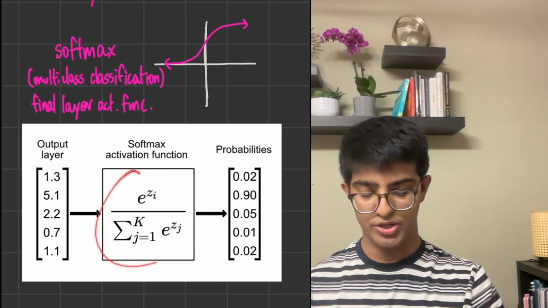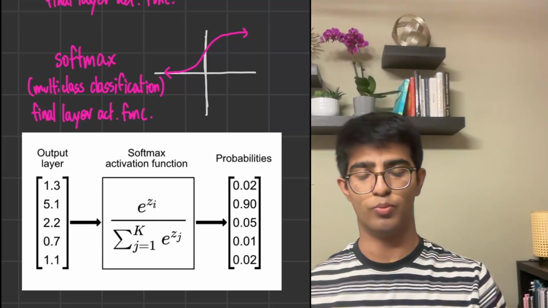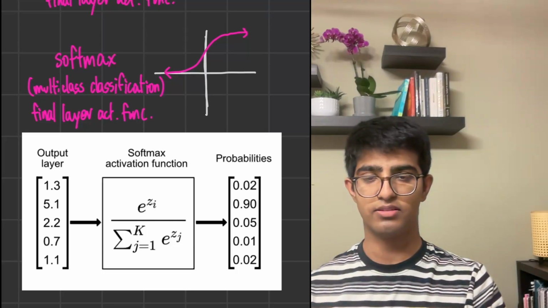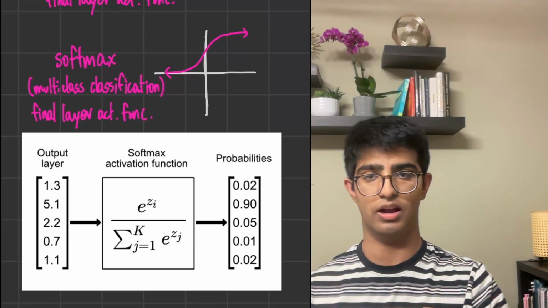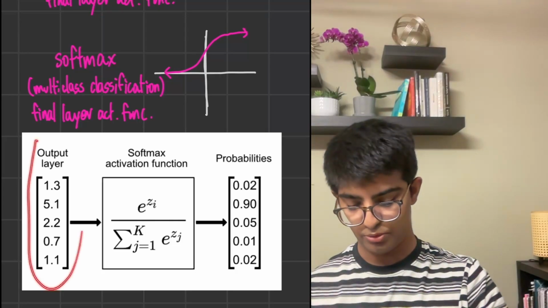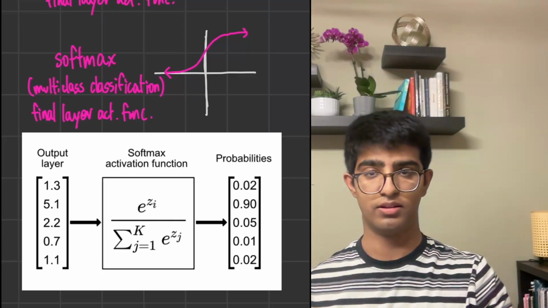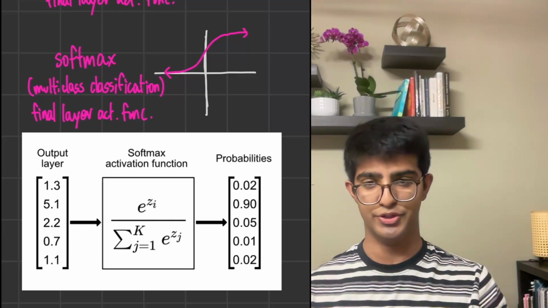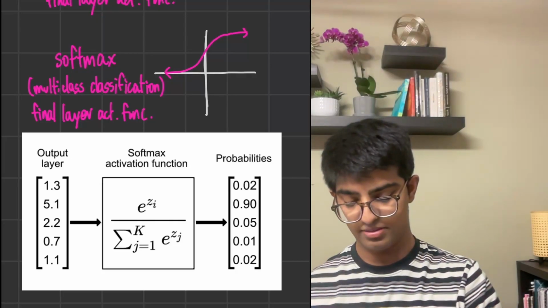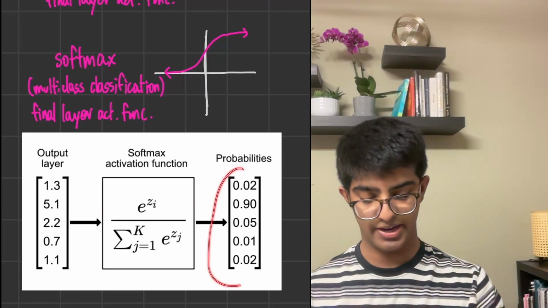The reason why this equation would be much better than the sigmoid in the case of multi-class classification is when it interacts with our loss, our error rate equation, it basically simplifies into something that's very simple to work with mathematically. So what the softmax basically does is it takes an output layer. For example, we have outputs 0 through 9 for each digit, and each neuron is going to have its own value. And what we do is each value passes through the softmax function and gives us probabilities that add up to 1.